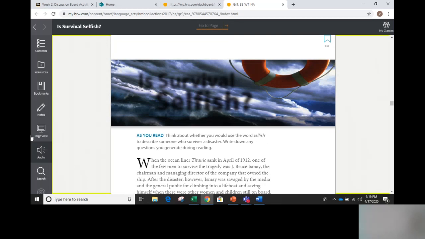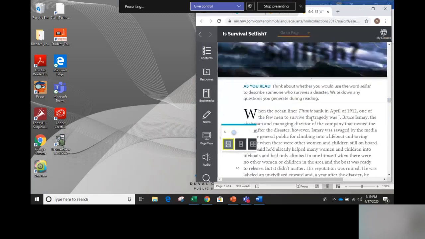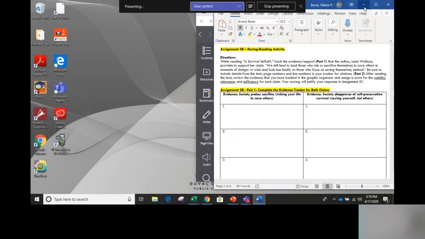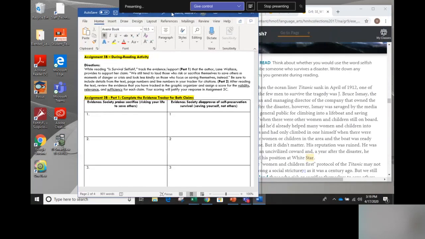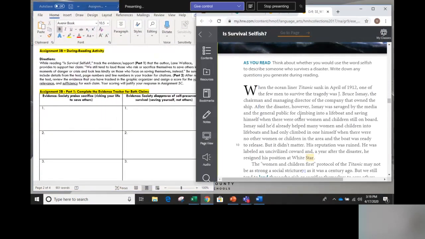To get the page to look like this, I just click on page view, and I would select scrolling. Okay, so hopefully this will work. Sometimes it struggles a little bit when I'm trying to pull this stuff up. So let's see here. There we go.